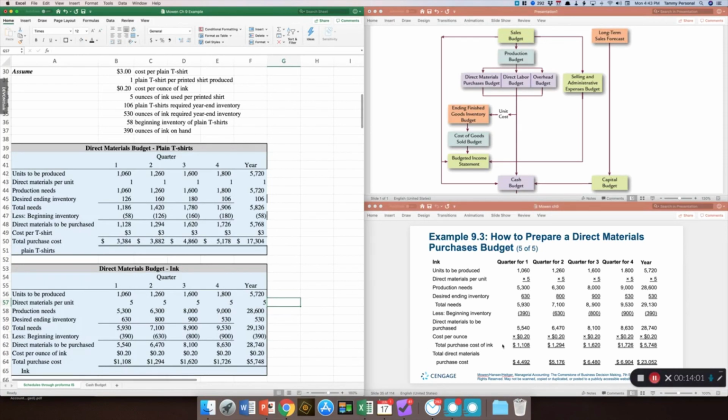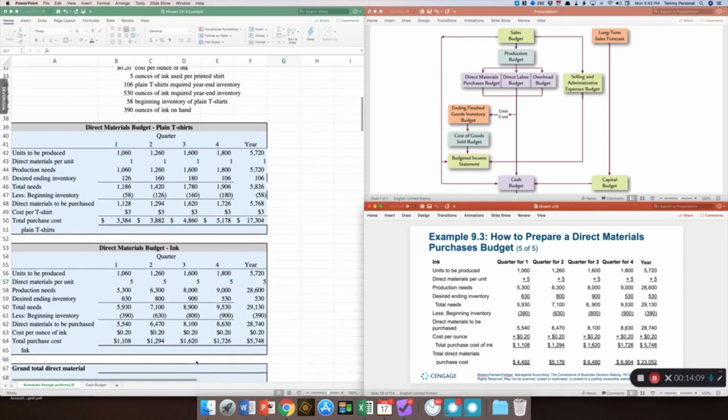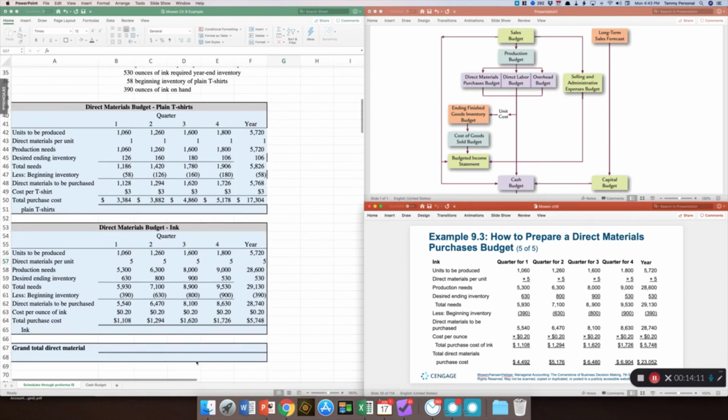So now that gets us to this line over here in this PowerPoint slide. So the next thing we have to do is figure out the grand total direct material, which is, of course, our total purchase cost of ink and total purchase cost of t-shirts.